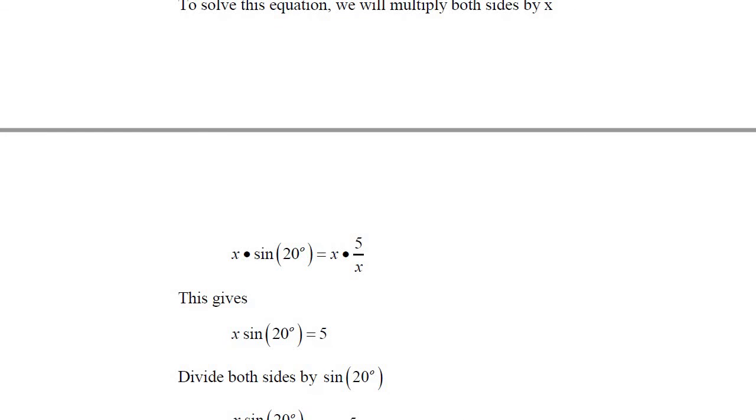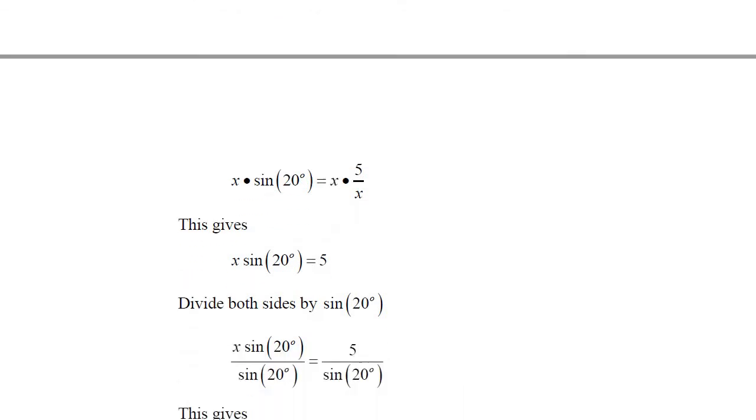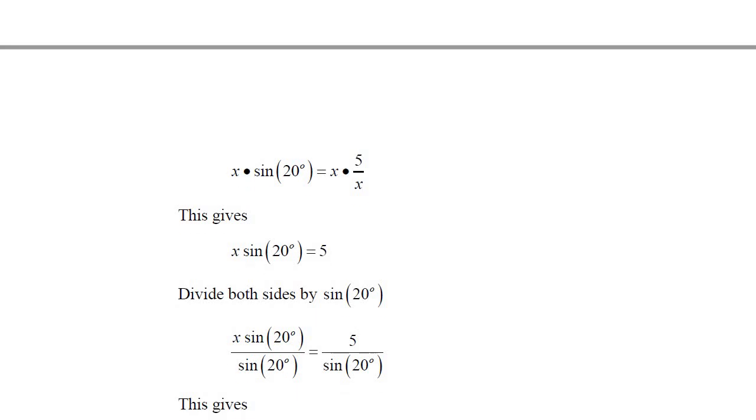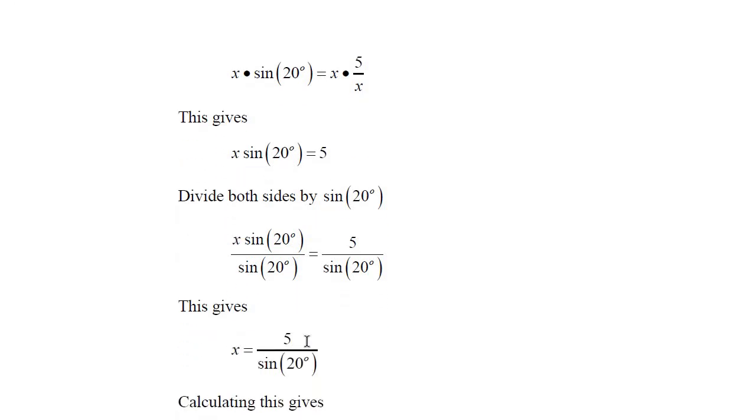To get x by itself, we're going to have to divide both sides by the sine of 20 degrees. So I've got x times the sine of 20 degrees divided by the sine of 20 degrees is equal to 5 divided by the sine of 20 degrees. So that's going to end up giving us x is equal to 5 divided by the sine of 20 degrees.